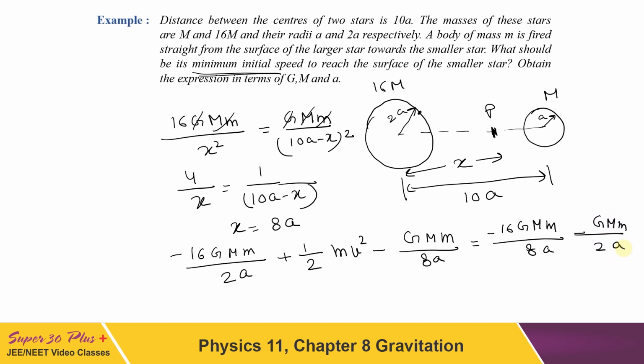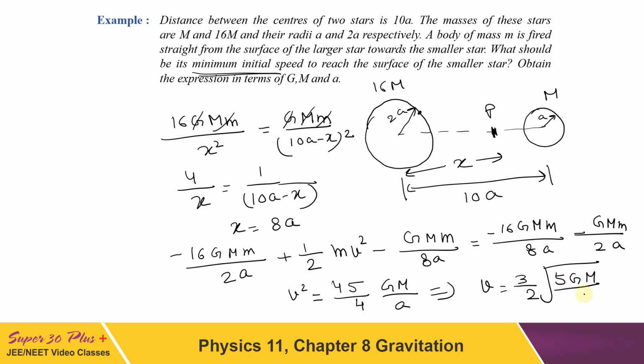And on solving, we will get v square to be equal to 45 by 4 GM/a. So we got finally v to be equal to 3/2 root under 5 GM/a. This is the minimum speed required for the body if it is projected from the surface of the bigger star so as to reach the surface of the smaller star.